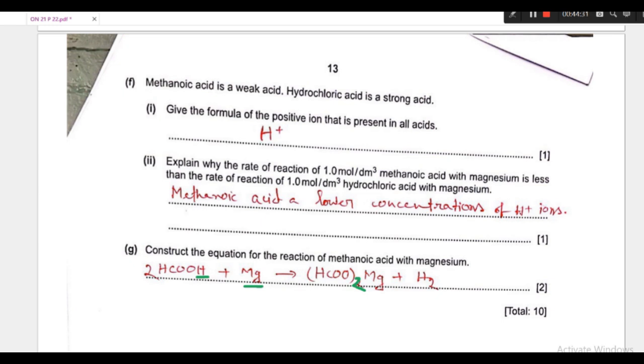Then hydrogen is produced as gas. The observation will be fizzing occurs, bubbles of gas, and the metal dissolves. Magnesium, if it reacts, will dissolve, or you can write solid dissolves.